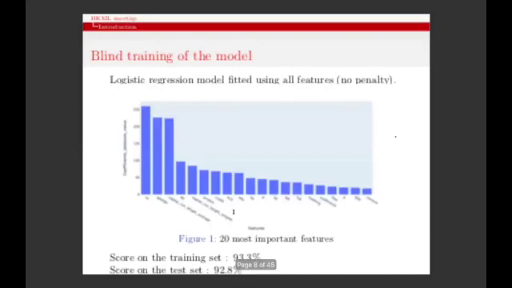When training this model on the training set that I mentioned, we obtained a good accuracy on the training set and the test set, and we can see the absolute value of the coefficients. That gives us a first idea of which features should be important and should be included in the model.